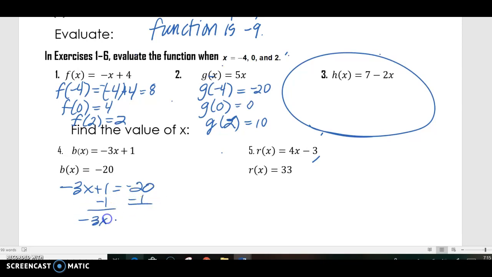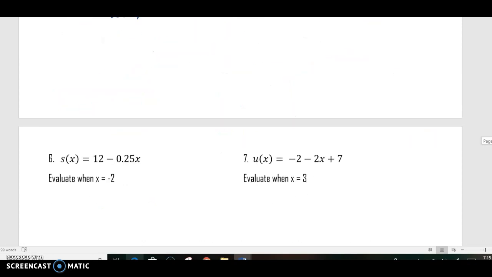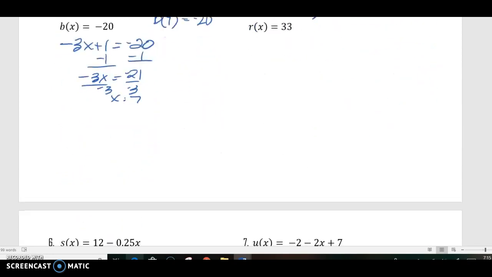So negative 3x is equal to negative 21. Divide both sides by negative 3. Therefore, x is equal to 7. So you would say b of 7 equals negative 20. Okay, we'll do that one more time with number 5. Let me scoot a little bit so I can have some more room to work.